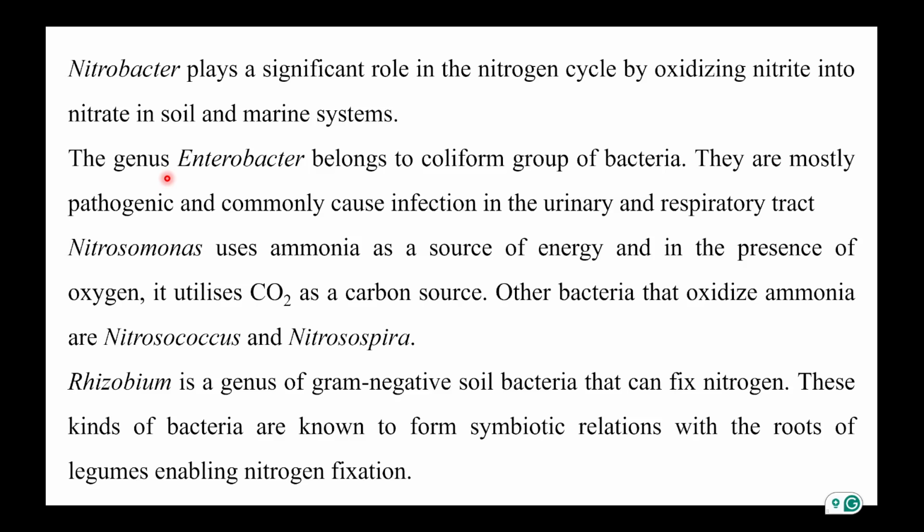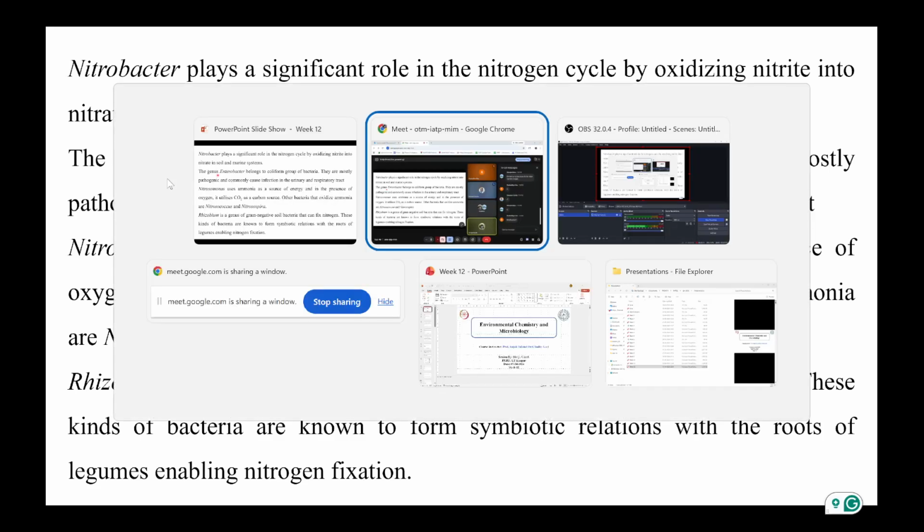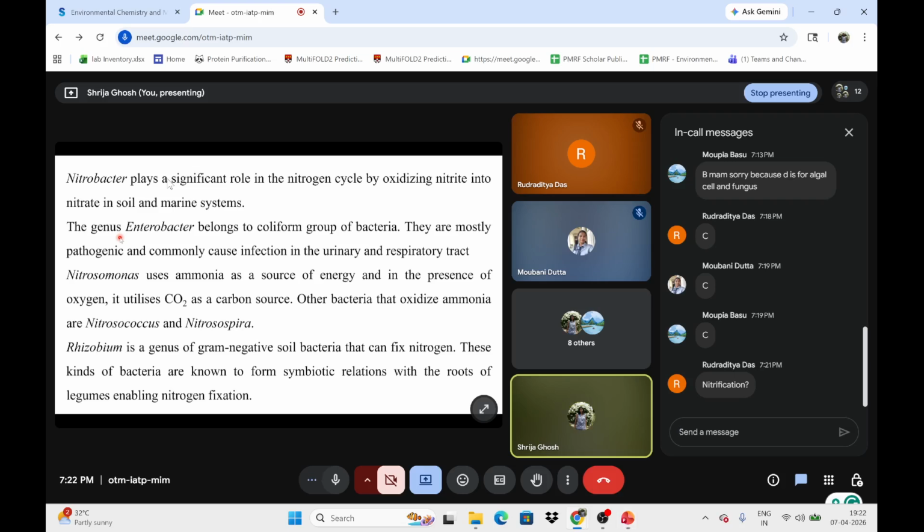It uses ammonia as a source of energy in the presence of oxygen, and it utilizes carbon dioxide as a carbon source. So something that is utilizing carbon dioxide as a carbon source, what is it called? This also I've discussed in the previous session, right? If some organism is using carbon dioxide as a carbon source, what is it called?